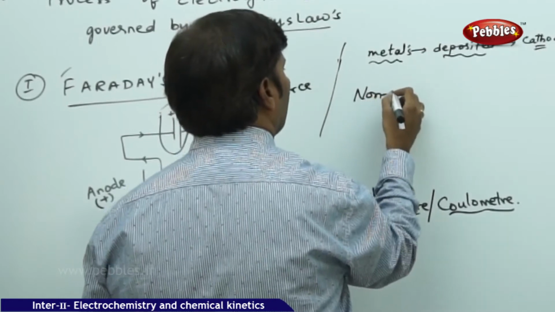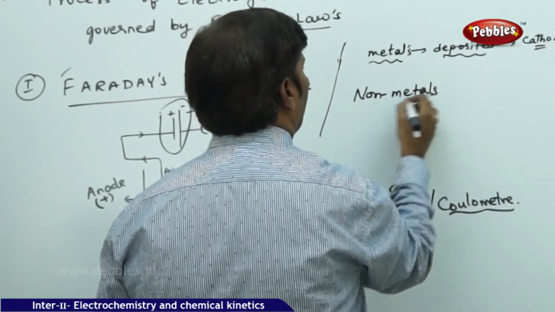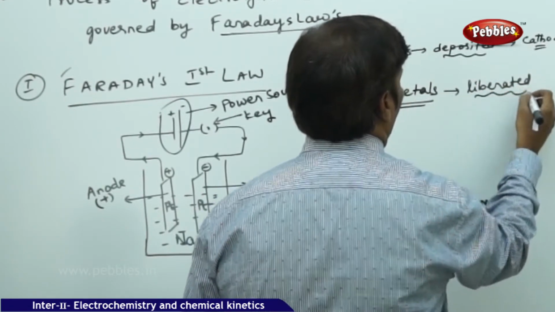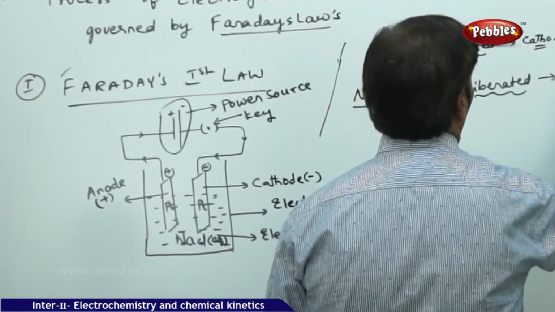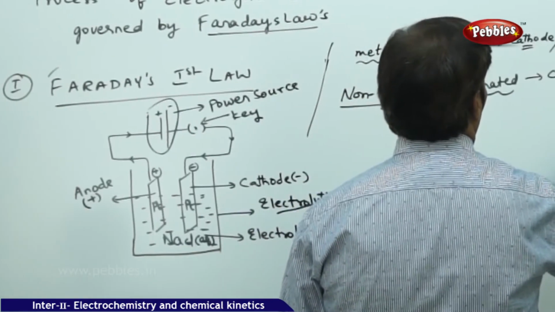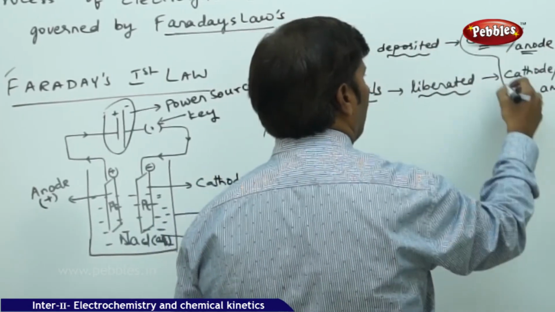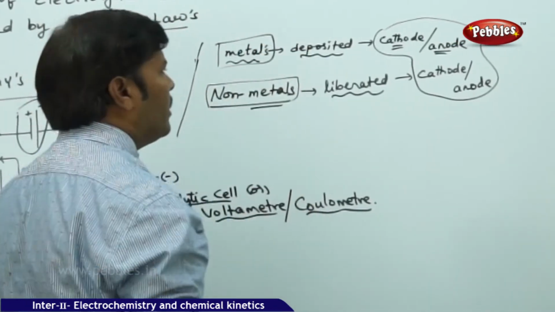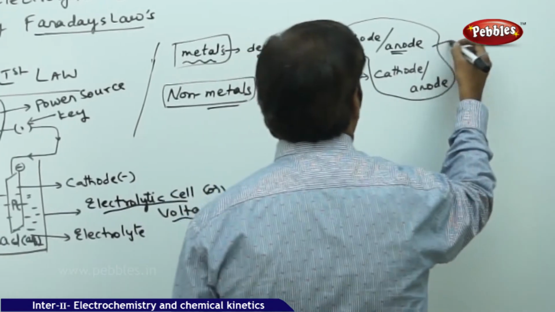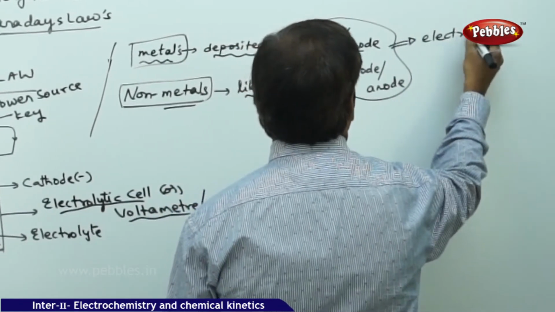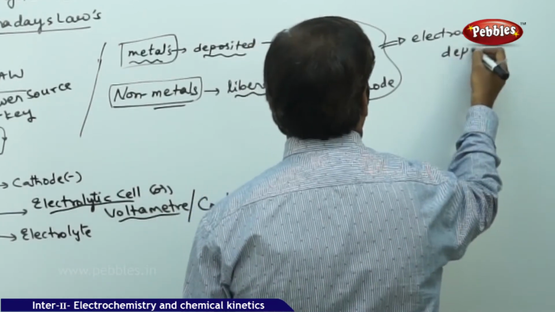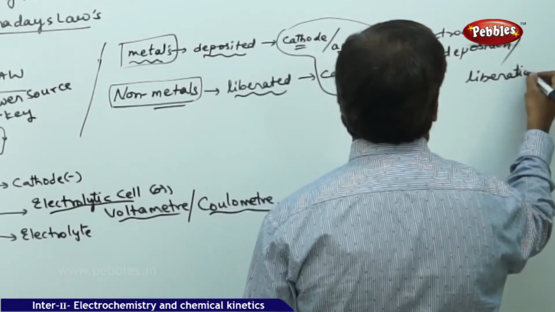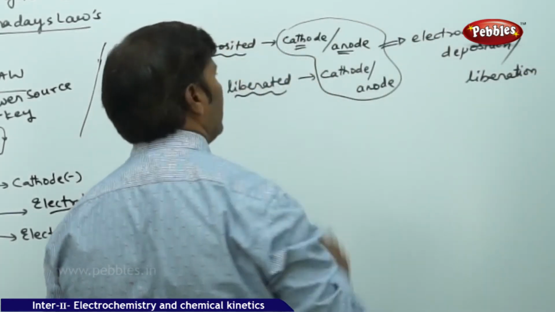Again, non-metals are liberated, maybe at cathode or anode. So that's why, when we classify non-metals and metals using the terms deposited or liberated, we simply say electrode deposition or liberation. We don't mention in the definition which is metal and which is non-metal.